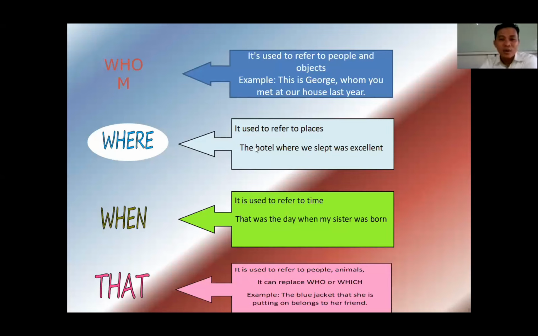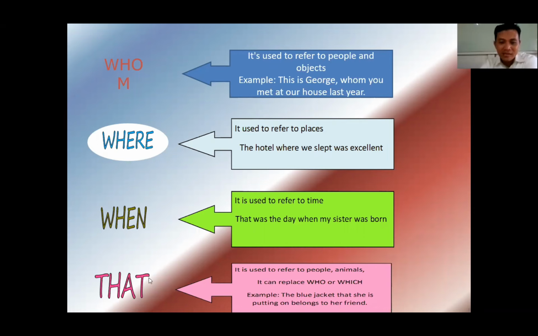That's for place. And then when, for time. It is used to refer to time. Example: That was the day when my sister was born. When here refers to time, day.